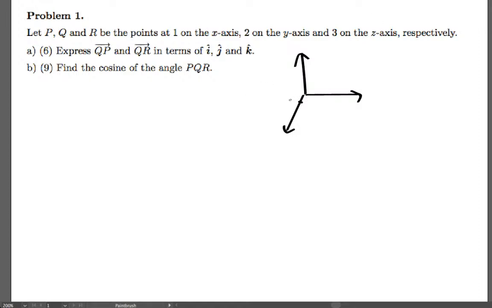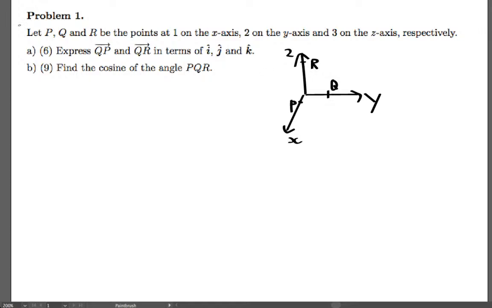This one here is point P, and oh wait, I forgot to write the labels: x, y, and z. So that's P, and this one here would be Q, and then the third block, I believe it's right around there, that's R.